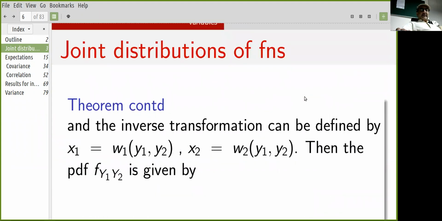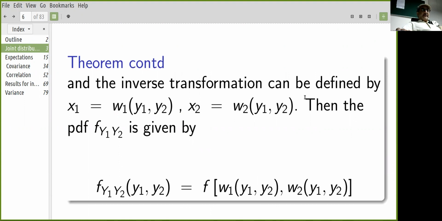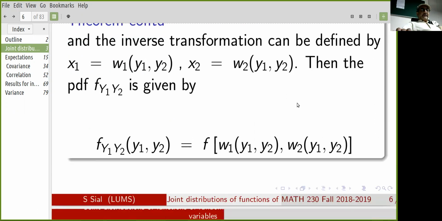And you can find an inverse transformation: x1 is equal to w1 of y1, y2, and x2 equals w2 of y1, y2. Then the PDF f sub y1, y2 of y1, y2 equals f sub x1, x2 of w1 of y1, y2, w2 of y1, y2.